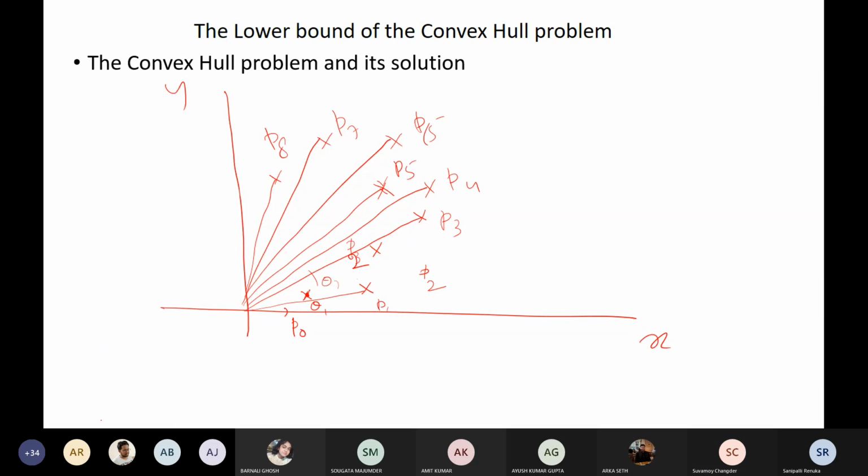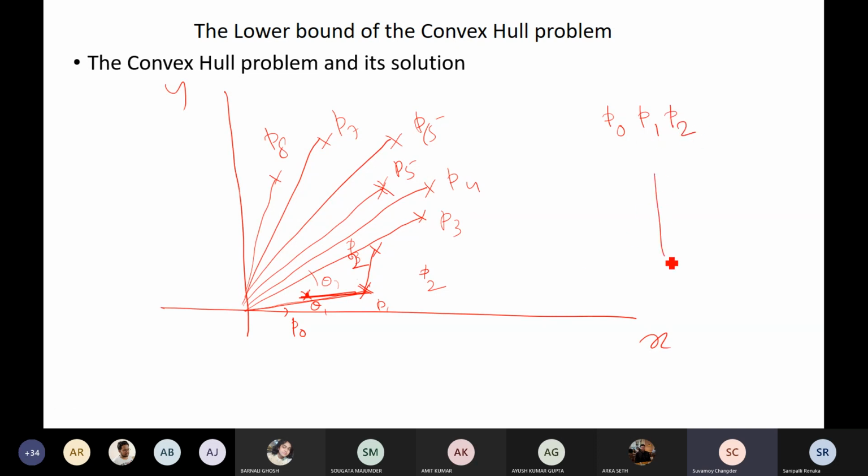So what to do? First, we will connect P0 with P1. Since there are only 2 points, we have no problem to connect them. Then, we can connect P0, P1 and P2.